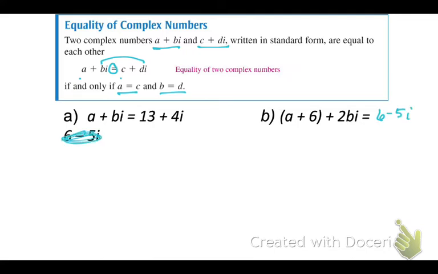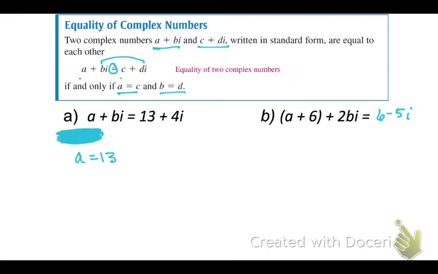Okay, so I need to solve for the variables. Set real parts equal. So give me a real part on the left. On A. A is the real part. What is the real part on the right? 13.